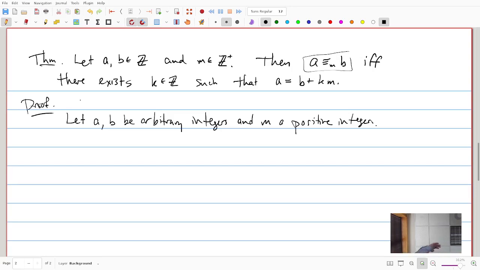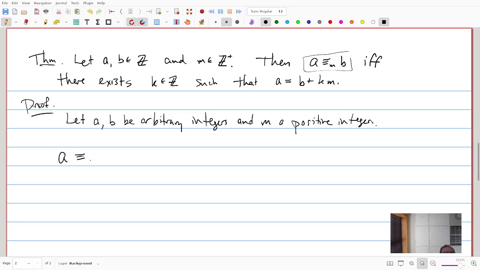And so I'm going to do this by a series of steps, where each step is related to the previous step by if and only if. And so if I can get from the first thing to the last thing by a sequence of if and only if steps, then I've shown that the first is if and only if the last.